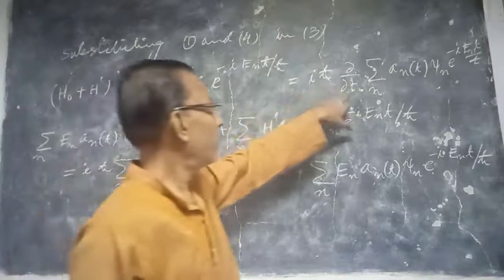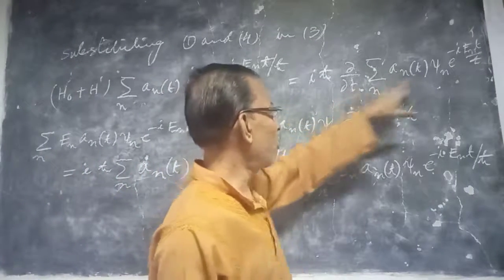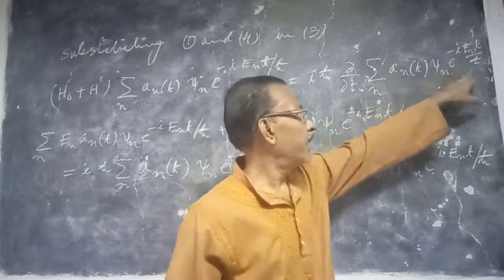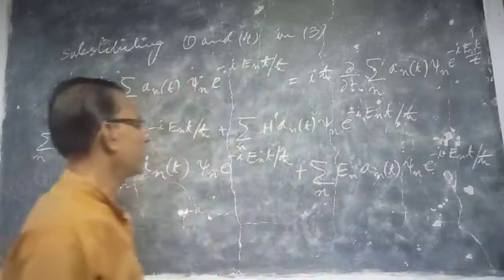Because the derivative operates on the time factor and also on a n, you get two terms.